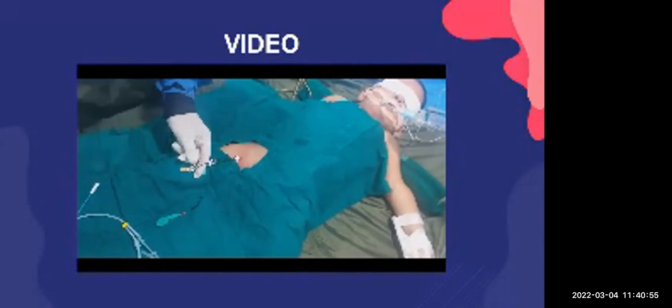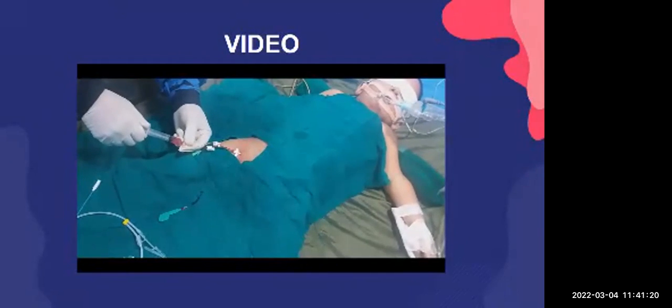So the next step is to check the blood flow to see the function of the catheter. And then he flushed a little bit of saline to check the catheter.